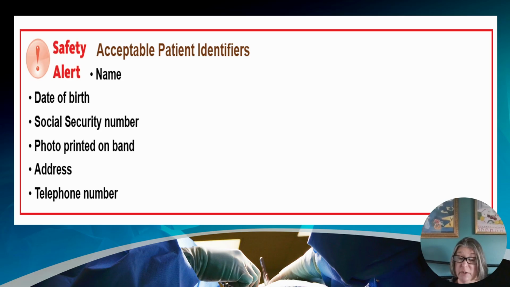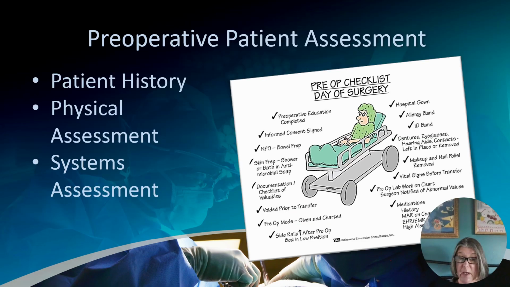You can also use the patient's address or telephone number. So on top of date of birth, social security number, photo printed on band, address or telephone number, those are actually okay. To me, I would pay attention to this. This has NCLEX written all over it. Know that these are other options, okay?